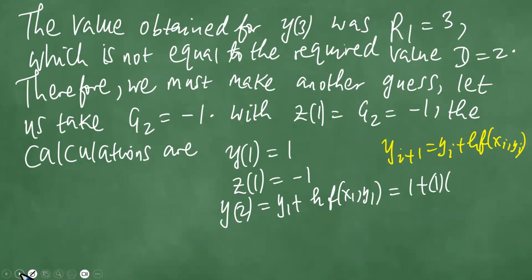So if y primed is z1, what is z1 now? -1? Right, it is exactly -1. So 1 minus 1, a big note. Y2.